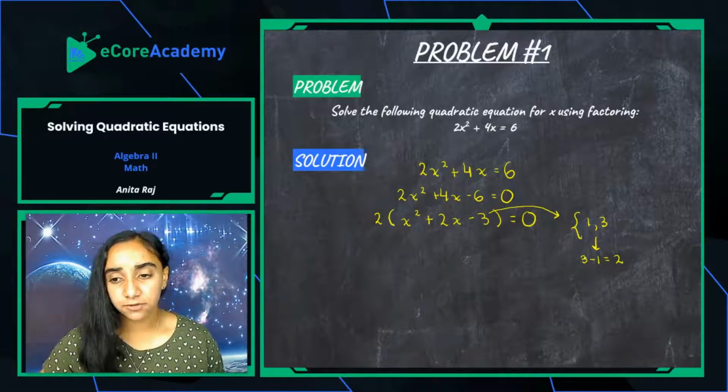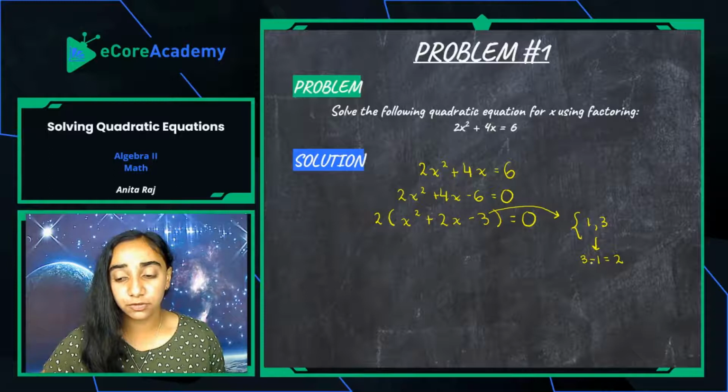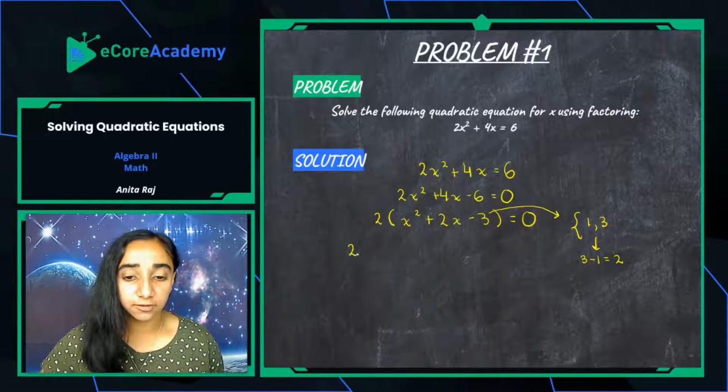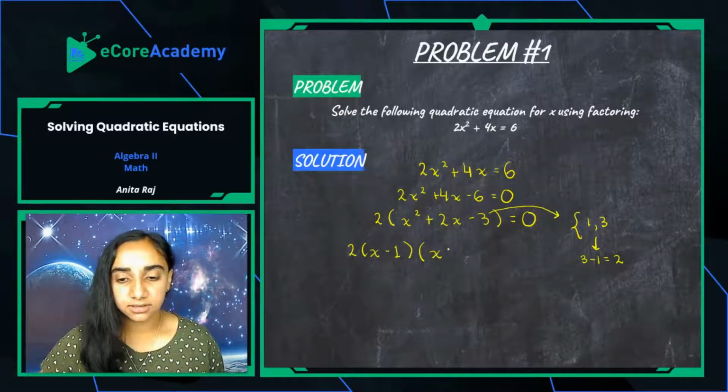If we have positive 3 and negative 1, we get 3 minus 1 is equal to 2, and 3 times negative 1 is equal to negative 3, so this will work. Therefore, we can rewrite this quadratic expression as its factors. So we can do 2 times x minus 1, we can decide to put the negative 1 in this first set of parentheses, and then times x plus 3.